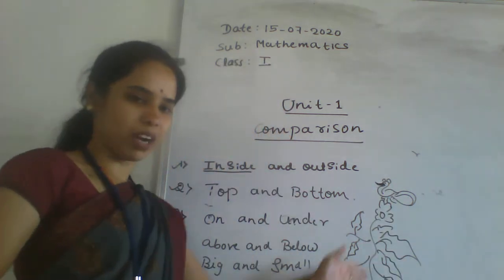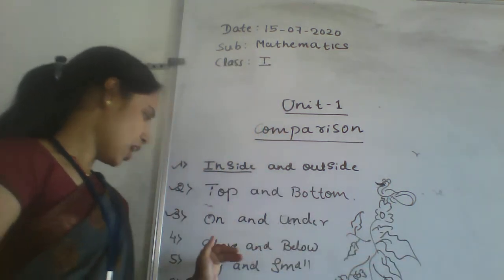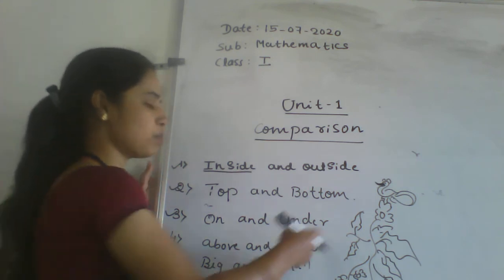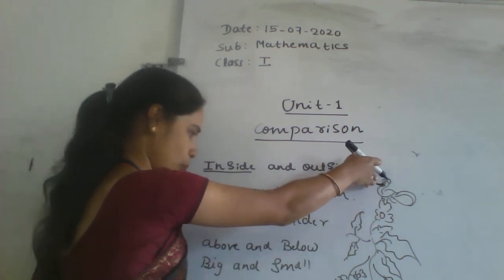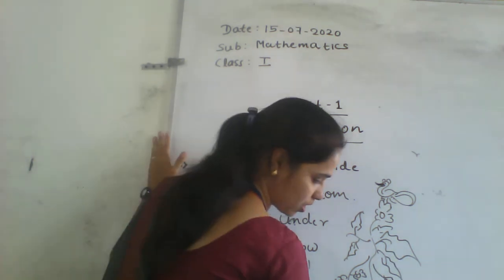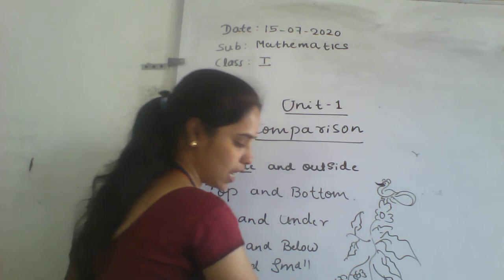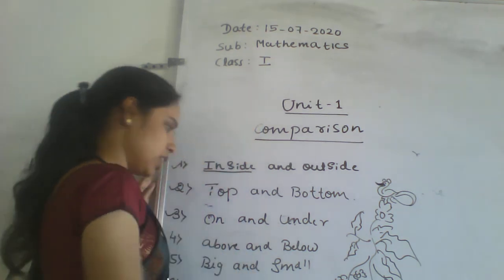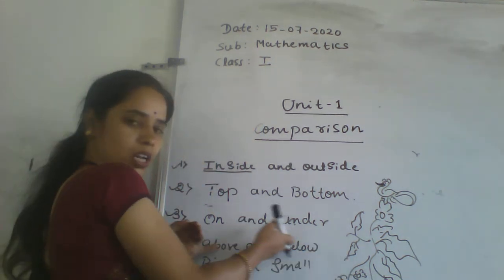So it's a small plant I have drawn here. Above and below. This peacock is sitting above the tree. This one is below the tree. See here, this one. This peacock is sitting below the tree. This is an example for above and below.